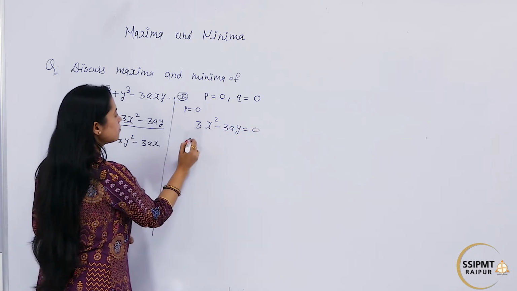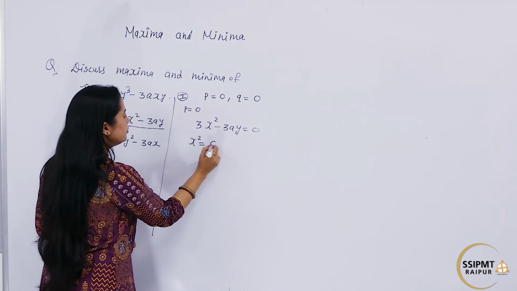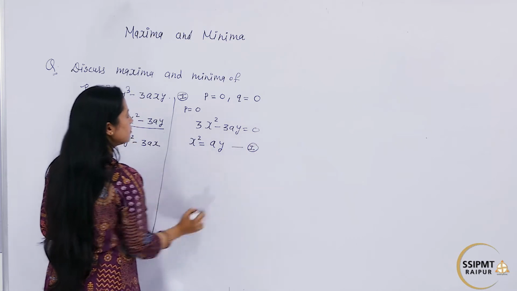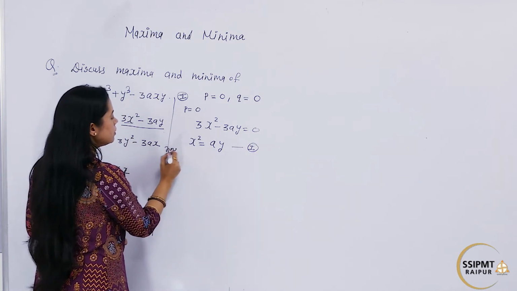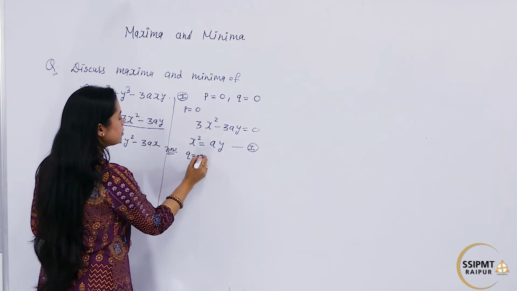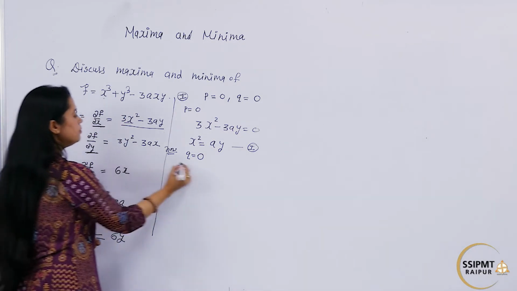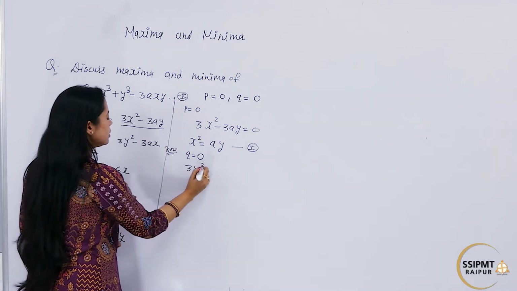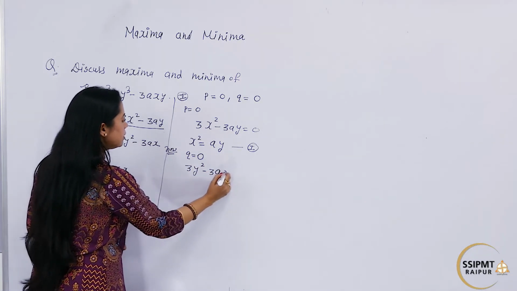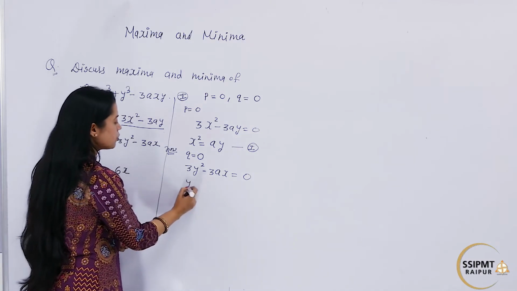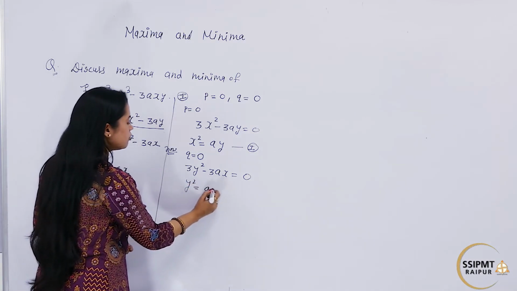That gives us x square is equal to ay. Take it as equation number 1. Now we take the second equation, that is q equal to 0. So what is q? 3y square minus 3ax is equal to 0. That means y square is equal to ax.